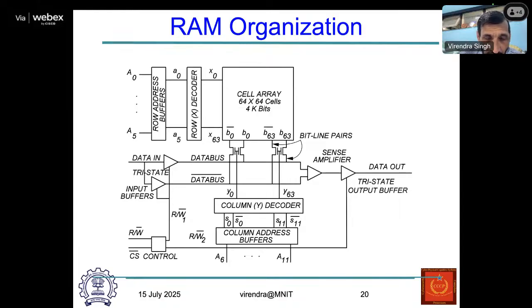If you are reading, you use the sense amplifier. That sense amplifier can sense the difference between the bit and bit bar lines, and make a decision whether the stored value is 0 or 1. So this is how memory works. It's a very regular, structured way of designing a circuit, which does a very limited kind of functionality.